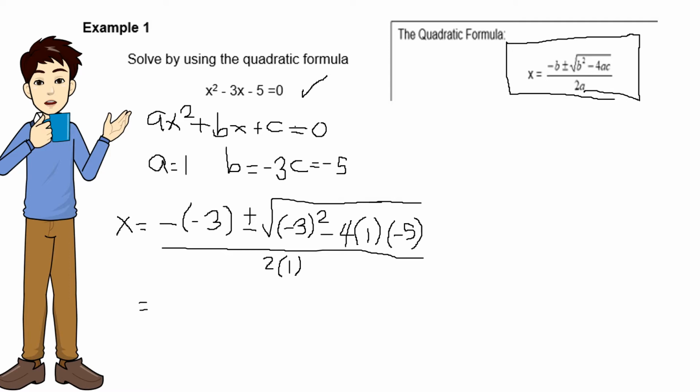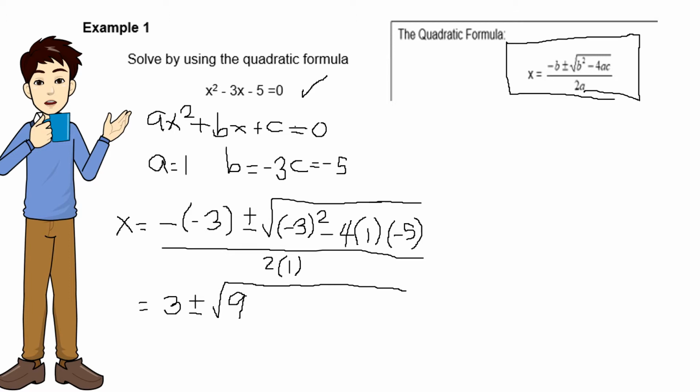Continue lang tayo. We have negative times negative 3. So, magkakaroon tayo ng positive 3 plus or minus square root of, so, isahin lang natin sa negative 3 squared. So, the answer is 9, which is negative 3 times negative 3, 9.